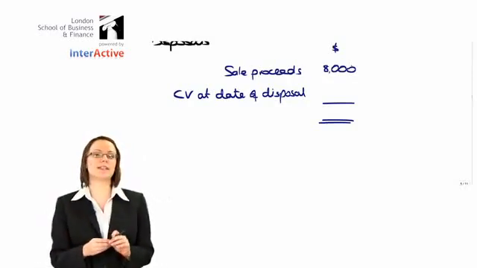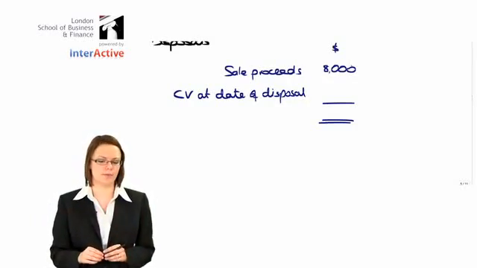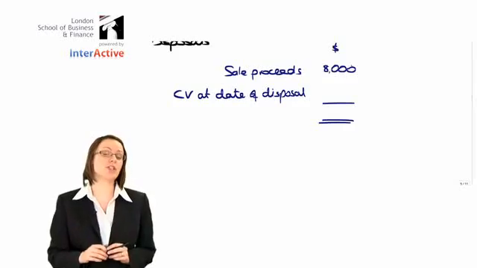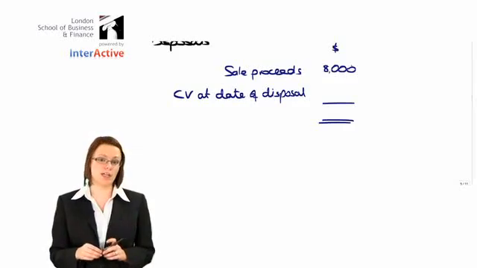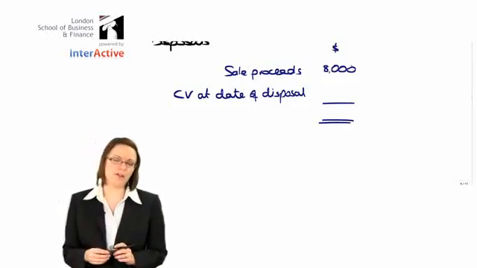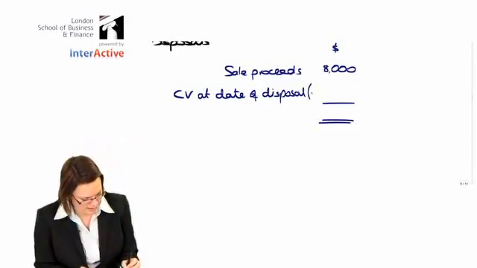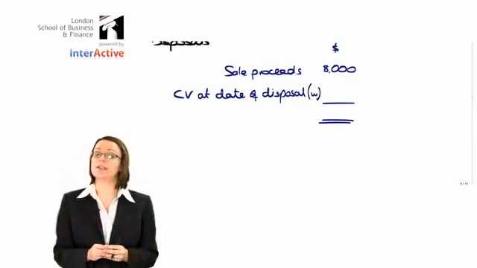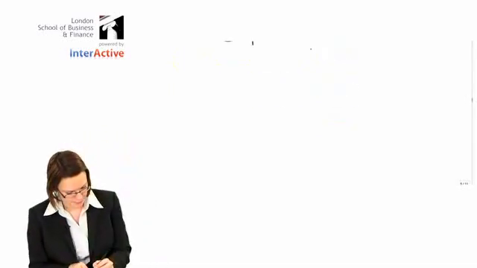Remember, the carrying value is the difference between the cost and the accumulated depreciation. Well, we know the cost of $22,000, but we don't know what the accumulated depreciation is up until the 1st of July 2009. So we're going to have to do a little working for the carrying value at the date of disposal, and we'll do that just underneath.